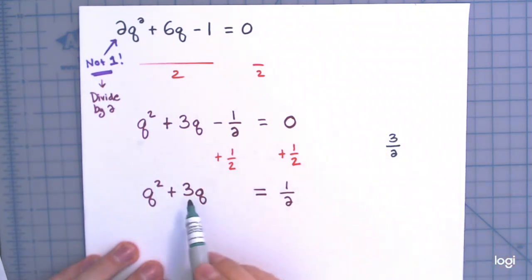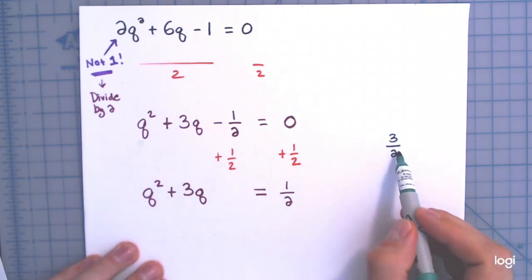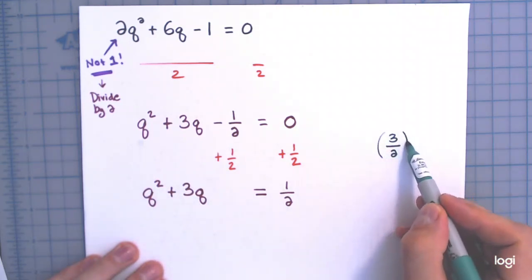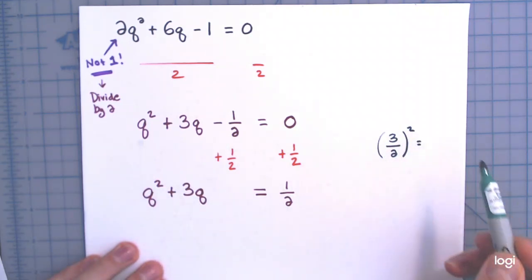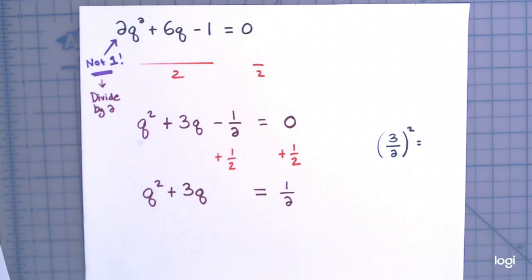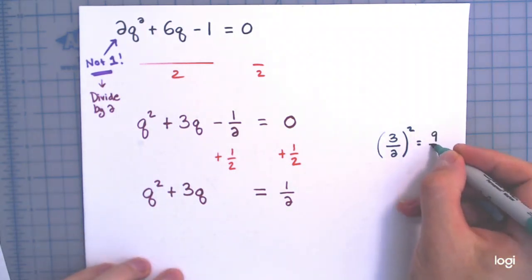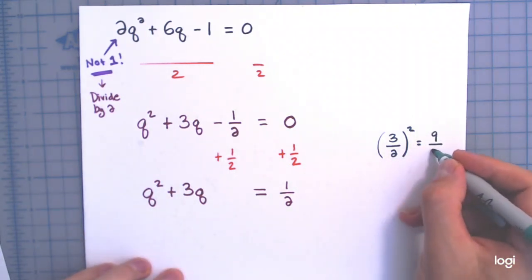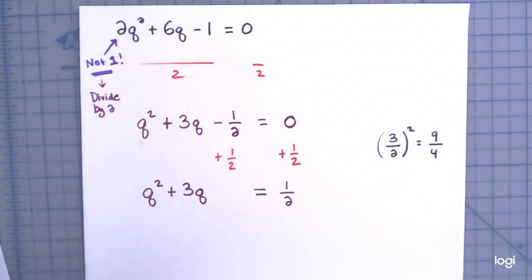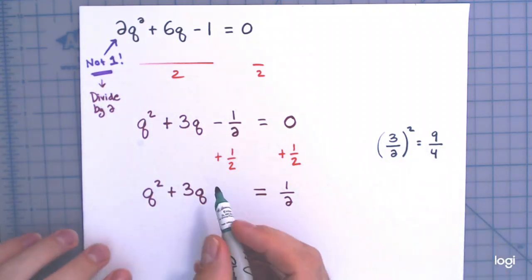So here's the coefficient of q cut in half, and then you square that number. Now remember, when you multiply by a fraction, you just multiply the numerators, multiply the denominators. So 3/2 times 3/2 would be 3 times 3 in the numerator, over 4, 9/4. Or again, if you want to write it as a decimal, that'd be 2.25 or 2 1/4, but I'll leave it as a fraction.